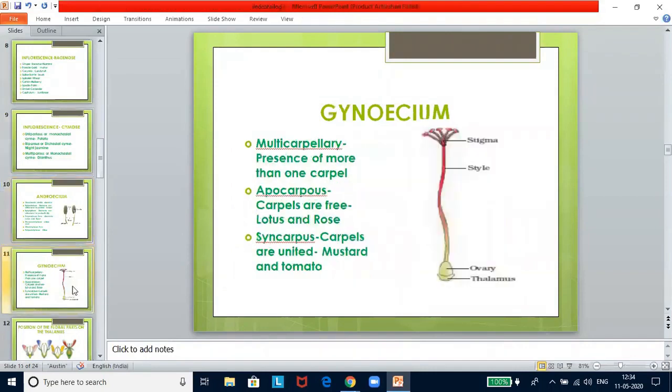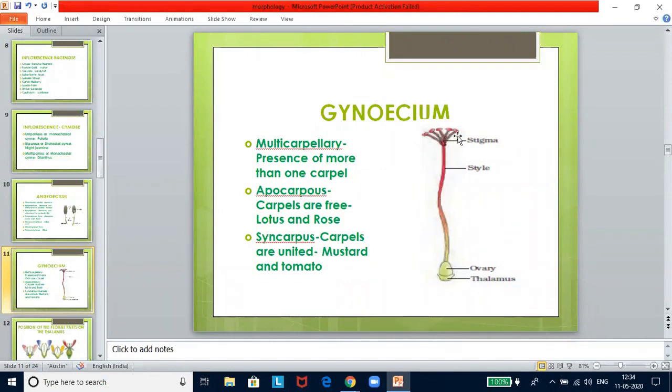Now let me get into gynoecium. You know, this is an ovary. Above the ovary, there is a long tube-like structure, and this is called the style. On top of the style is the stigma. Now, stigma has got structures that are receptive to the pollen grain. So you know that when a pollen grain falls on the stigma, it gets activated, and then it starts germinating the pollen tube through the style.